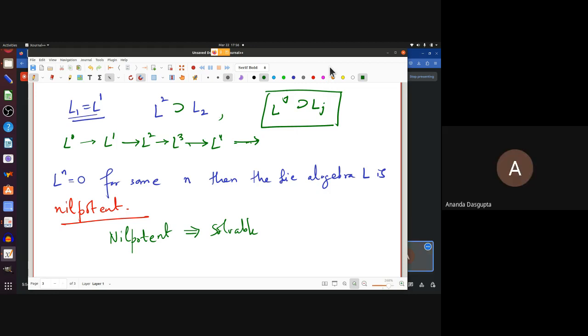You could have nilpotent Lie algebras, but by virtue of them being nilpotent, they already have to be solvable. But there could be other solvable algebras which are not nilpotent. So solvability is actually a larger class, right? Okay. Yes, sir. The solvable algebras include the nilpotent Lie algebras. Okay.